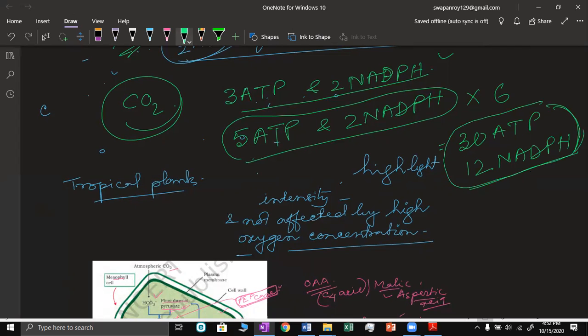But what is the problem? They are rich and they can spend that additional amount. They can bear the additional cost because these plants usually grow in bright sunlight and high temperature. So they are exposed to enough light energy and they produce it and spend it on their production of carbohydrate.